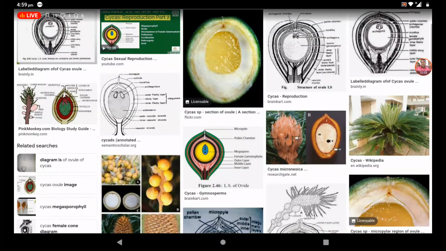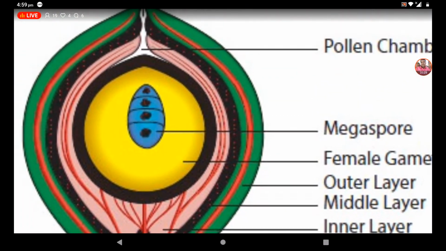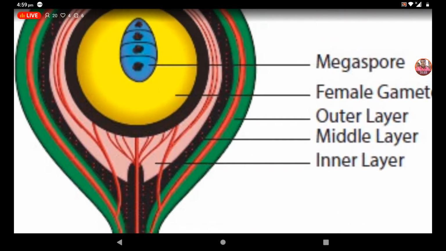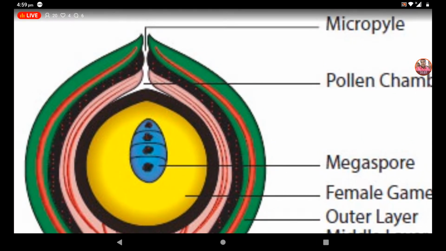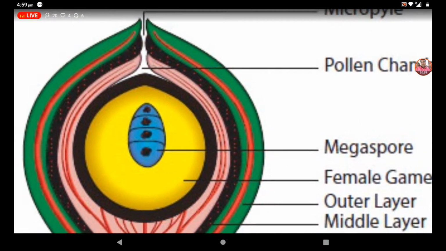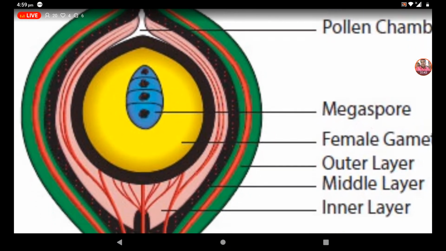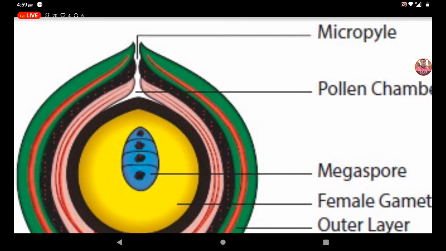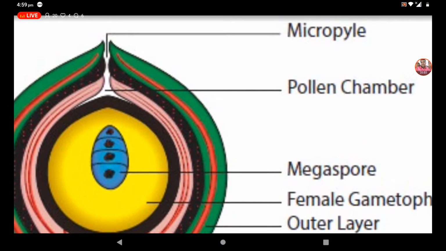First we can take one colorful diagram. See, one ovule. It is a LS, a longitudinal section of the ovule. So how will it be inside the ovule? I said megasporangium. I showed the other structure in the diagram earlier. The same only, how it is inside, we are finding. A small opening is present at the beginning, so the micropyle is there.